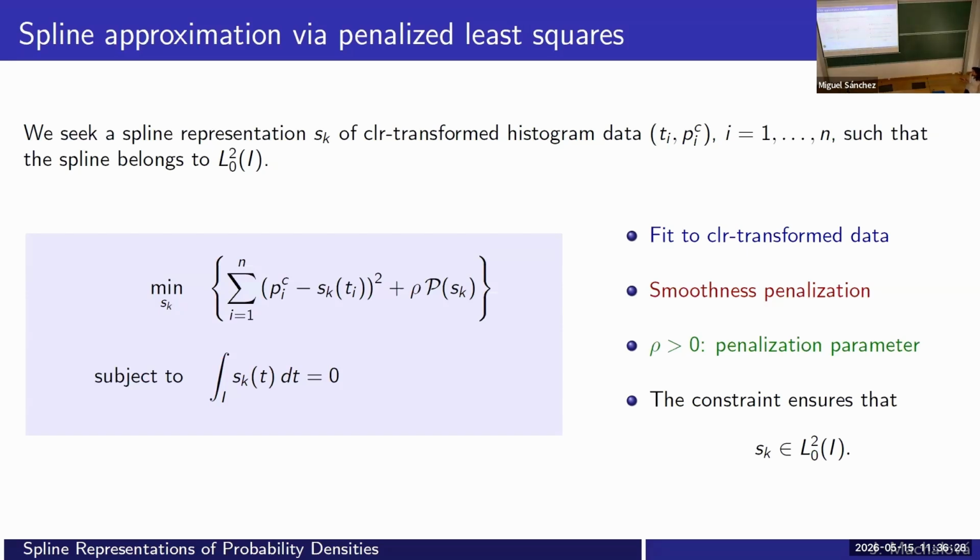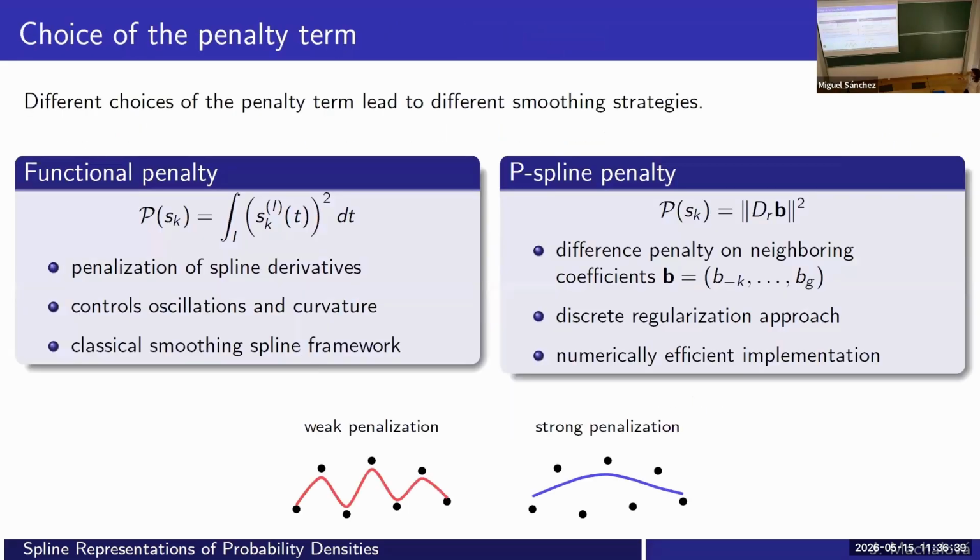By penalization parameter, we can use again what we want, but it's necessary to, as I mentioned, fulfill this condition. Here is some basic choice of penalty. So as we mentioned during the week, we can use, of course, some L2 norm of derivatives or some discrete variation.